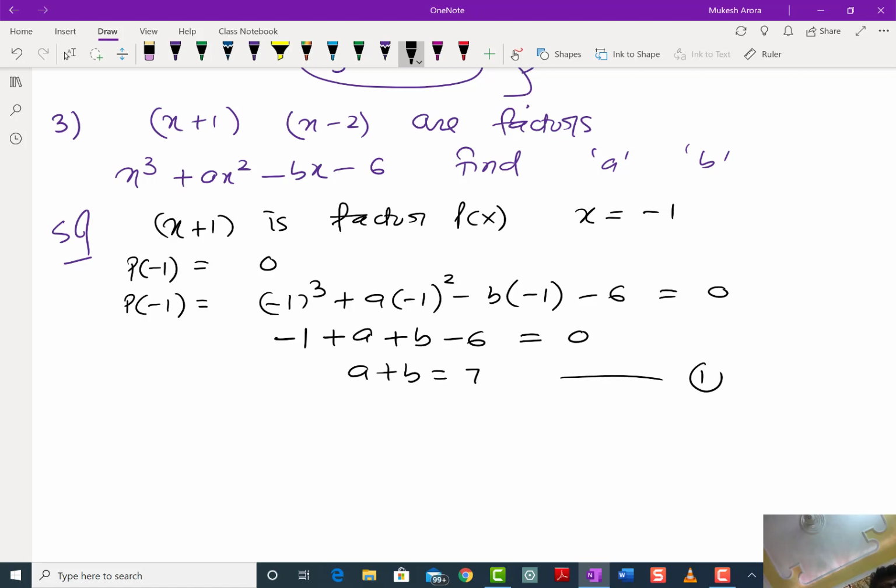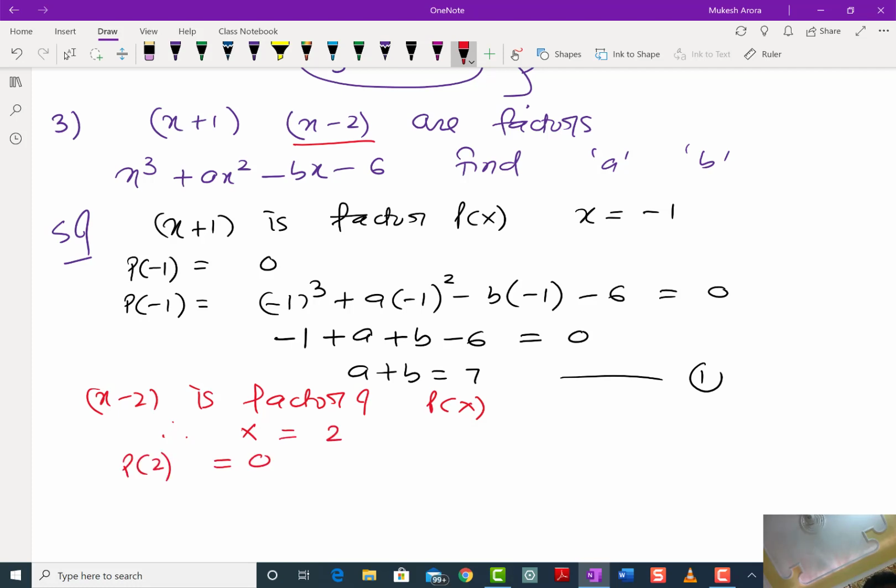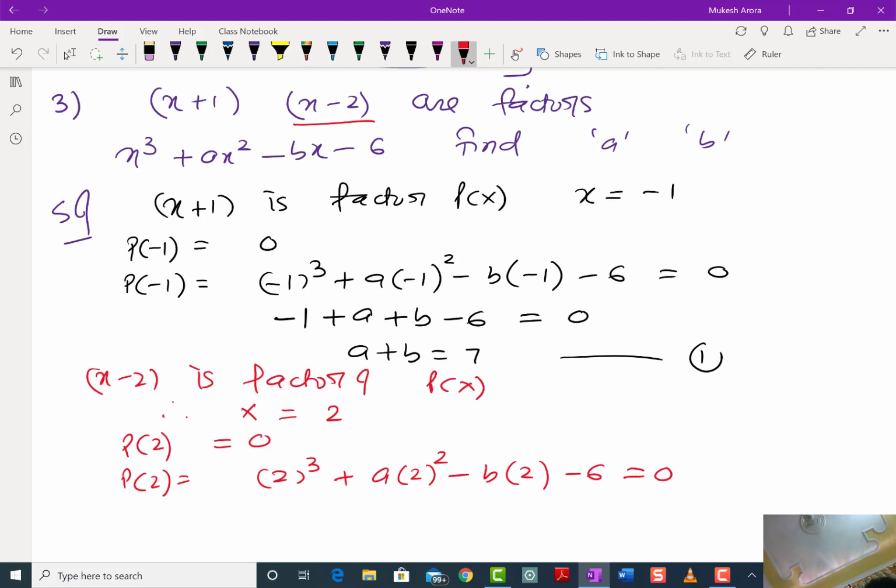This is the first equation. Second, x minus 2 is a factor of p(x). Therefore x is equal to 2. p(2) is also equal to 0. p(2) is equal to 2 raised to the power 3 plus a into 2 raised to the power 2 minus b into 2 minus 6 is equal to 0.